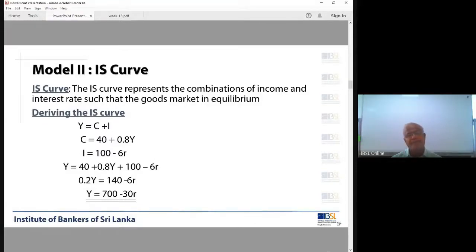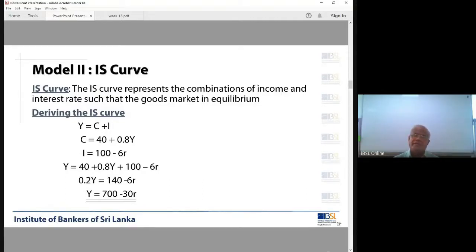Then the consumption function: in the last lesson we discussed that consumption depends on income. C equals 40 plus 0.8Y. 0.8 is called the marginal propensity to consume, MPC. 40 is autonomous consumption.